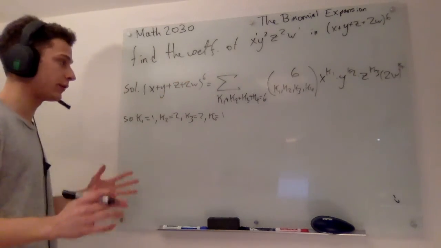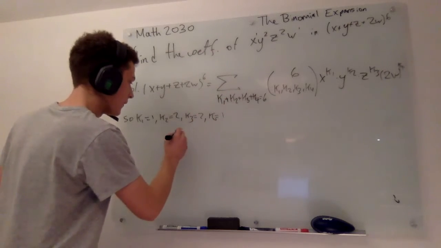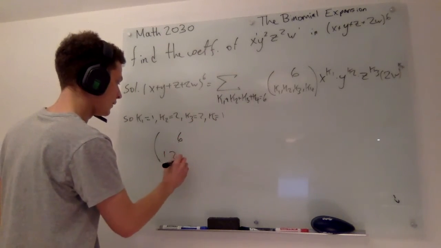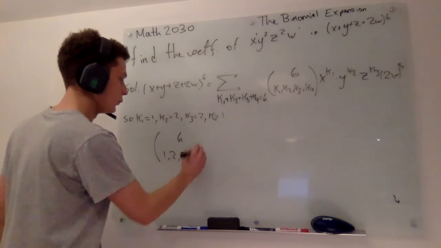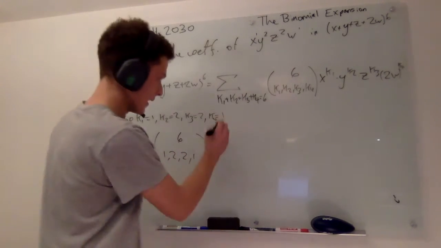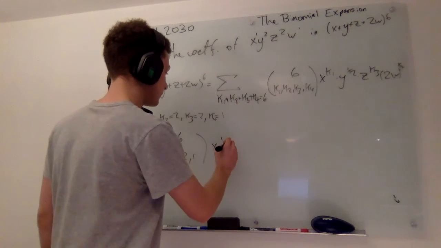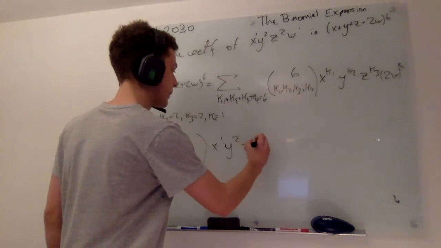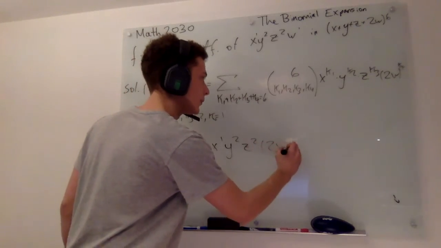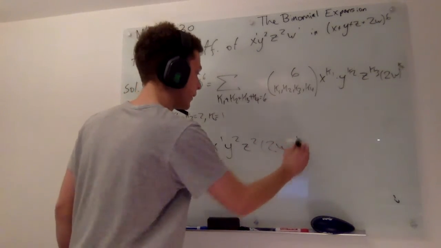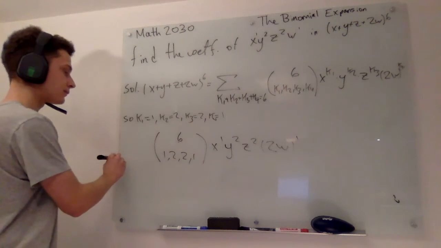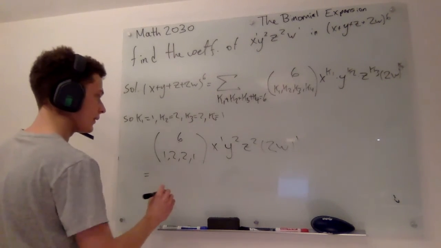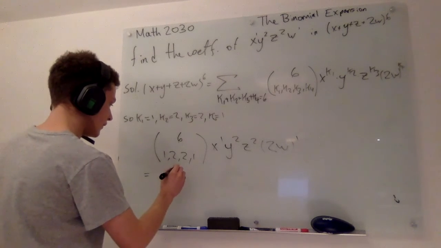and now we can just plug in the numbers to find the coefficient. Okay, so we'll have 6 choose 1, 2, 2, and 1, and we'll have x to the power of 1, y to the power of 2, z to the power of 2, and 2w all to the power of 1. Now what we'll see here is this will evaluate.